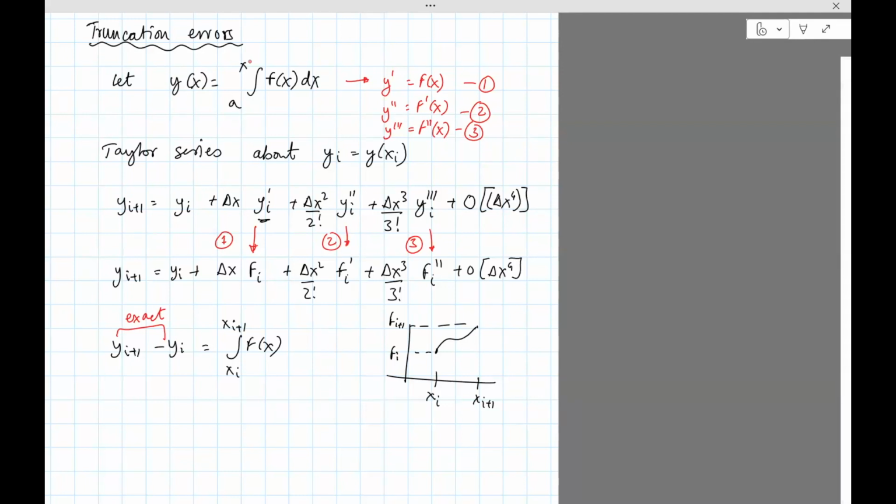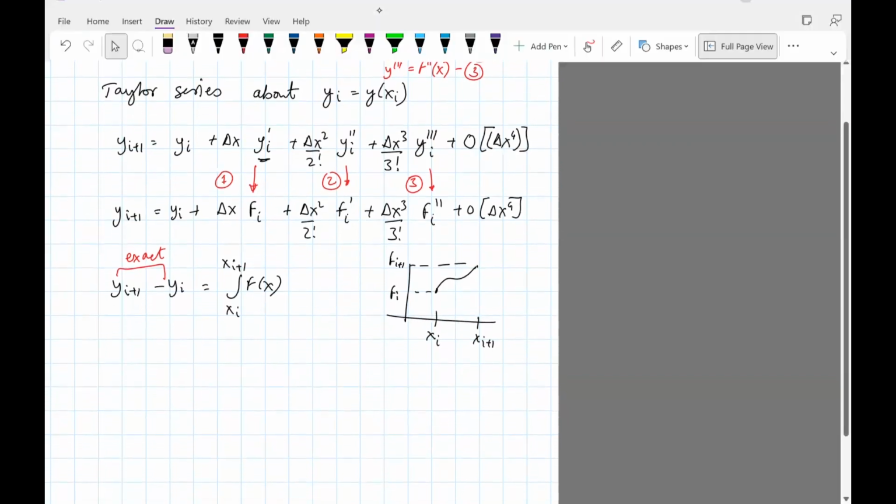You sub in the value at i plus 1, and you sub in the value at i. So this is my exact value.